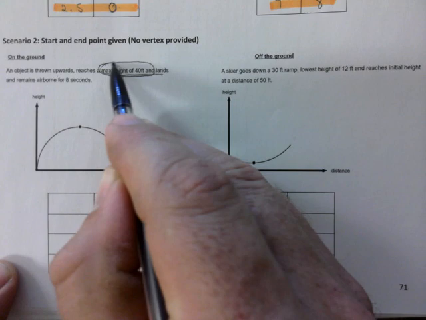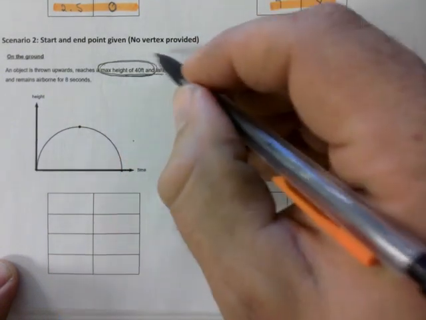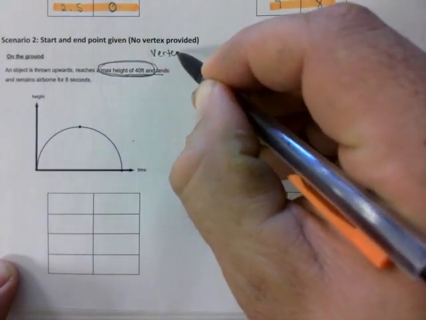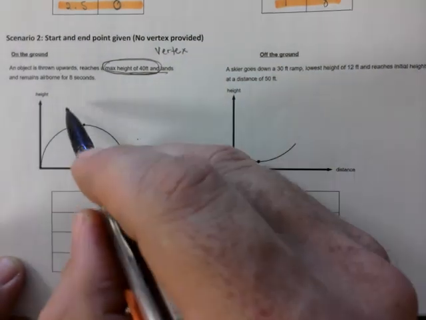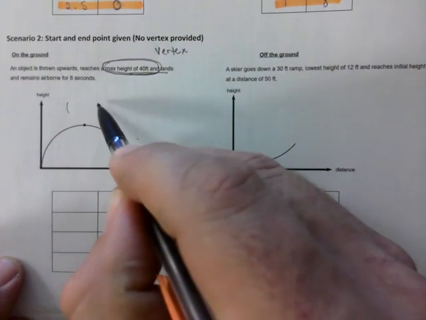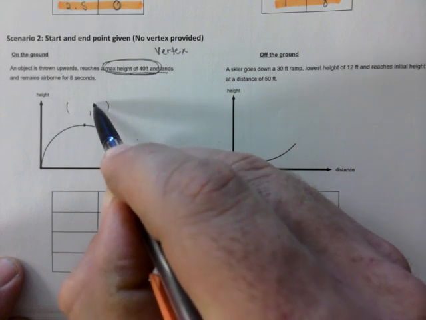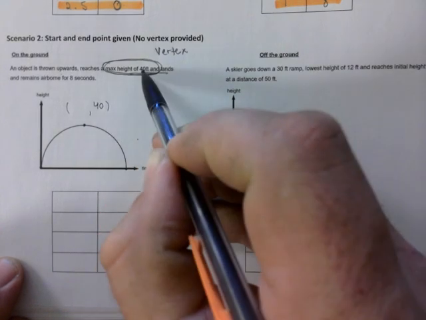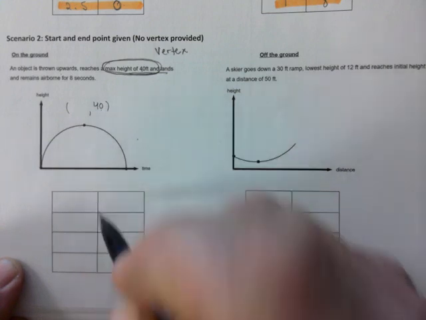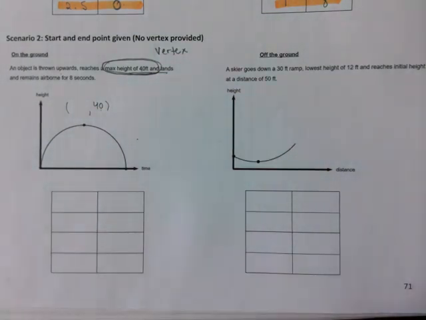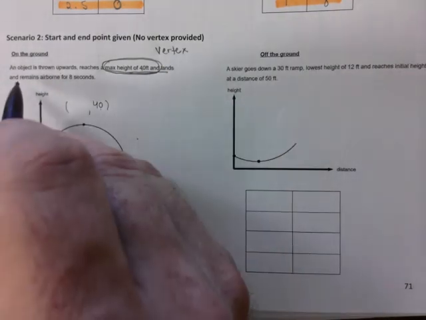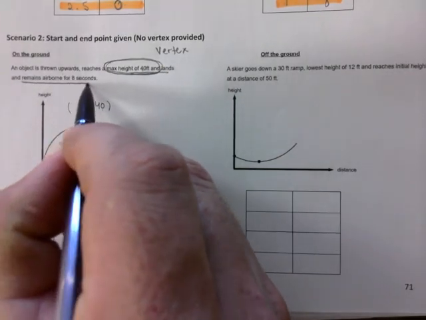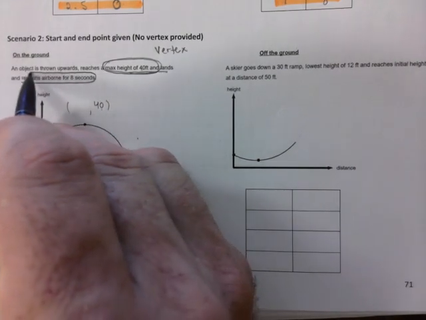I'm just going to highlight that, that is part of the vertex. So we know that we will reach that height of 40 feet, but we don't know at what time that happens. Because what it says is it lands and remains airborne for 8 seconds.